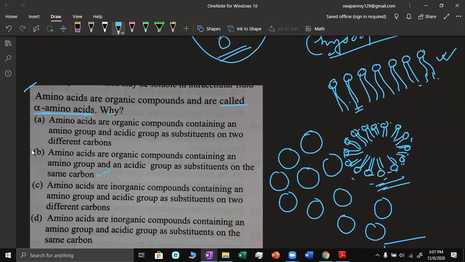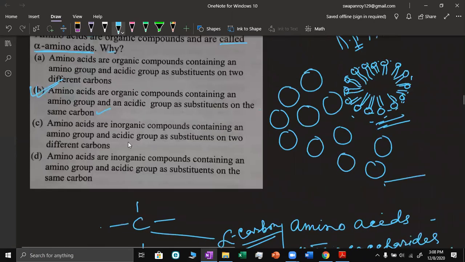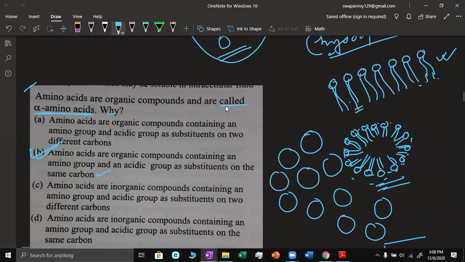Yes, it is on the same carbon. That carbon to which these different groups are attached is known as the alpha carbon, and this amino acid is the alpha amino acid.